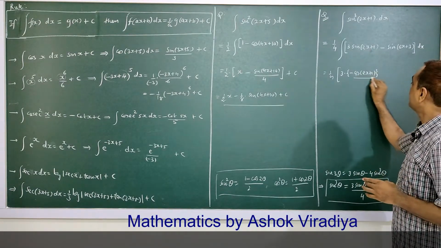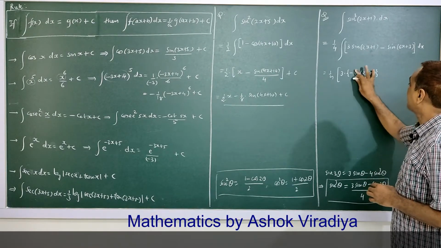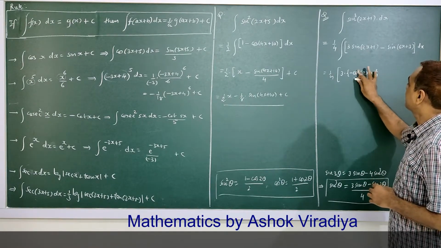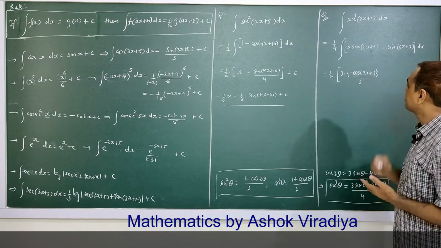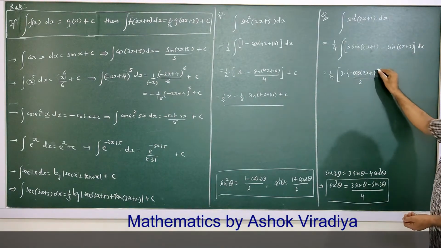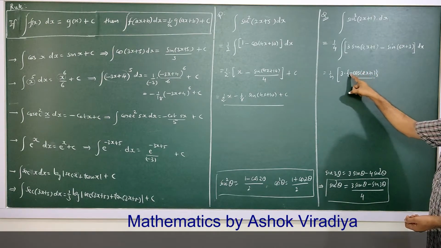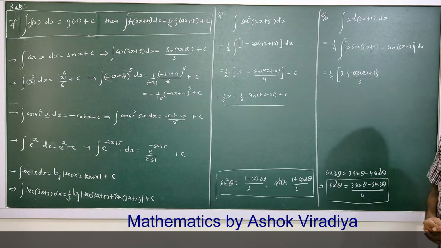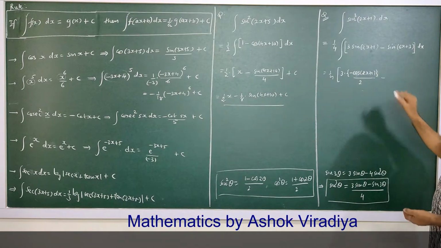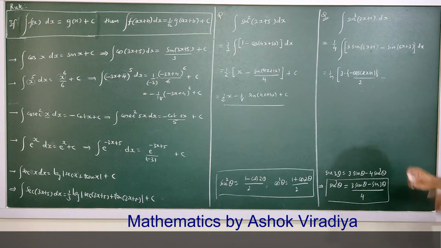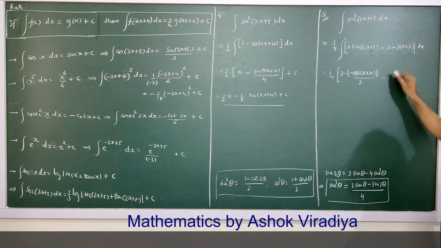So divide by the coefficient of x. The coefficient of x is 2, so divide by 2. Use brackets because we have a negative integral and 3 is in multiplication. Minus, once again, the integral of sin x is minus cos x.